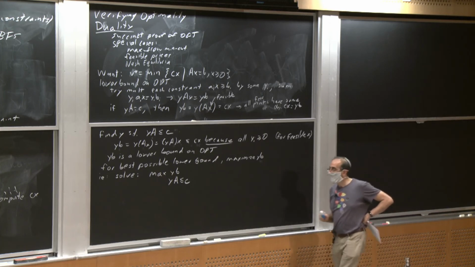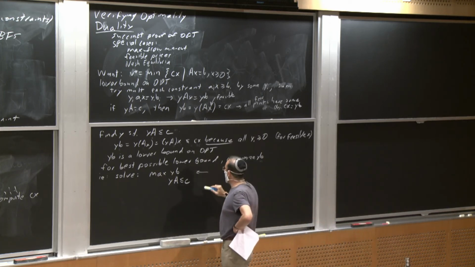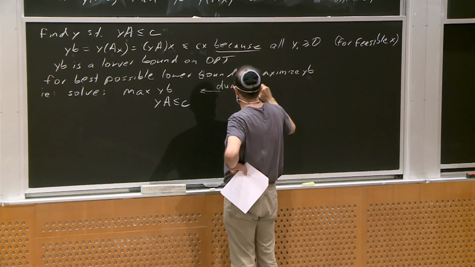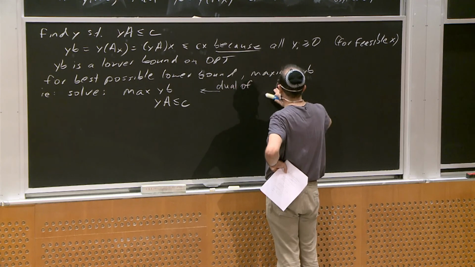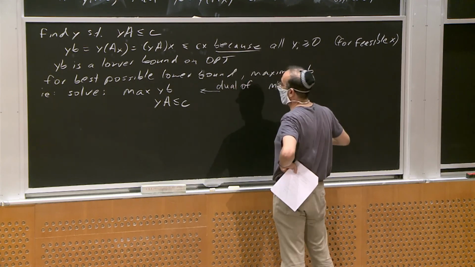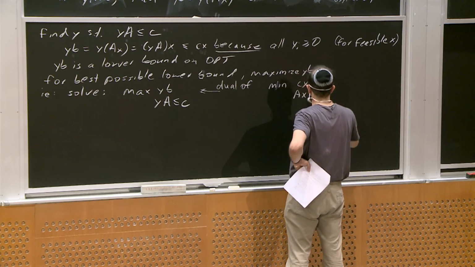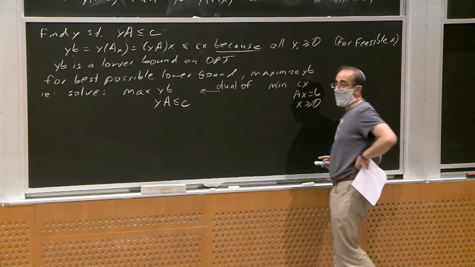Okay. Now this canonical form LP is known as the dual of my starting linear program, the minimum of cx such that Ax equals b and x is greater than or equal to 0.